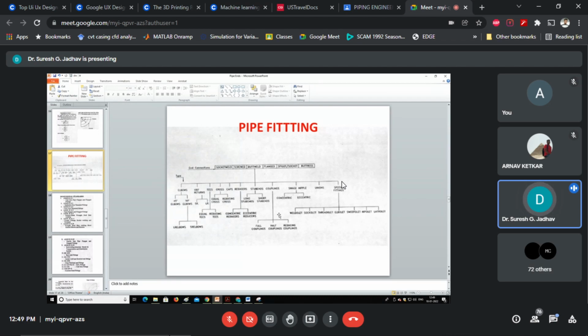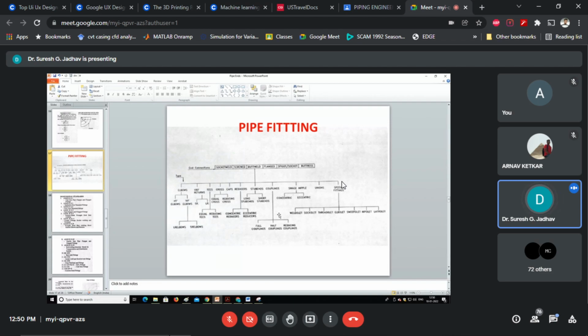Here we'll see the half couplings, full couplings, and reducing couplings. And the third pipe fitting is swage nipple. Here first is concentric swage nipple and next is eccentric.